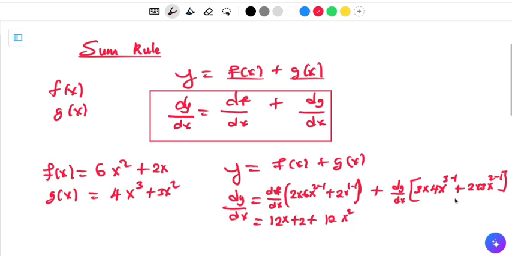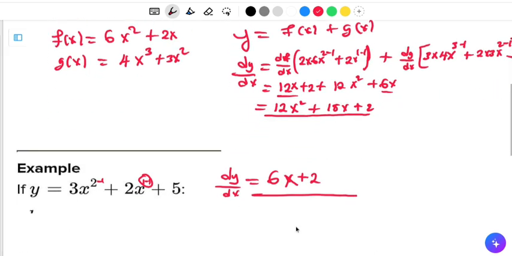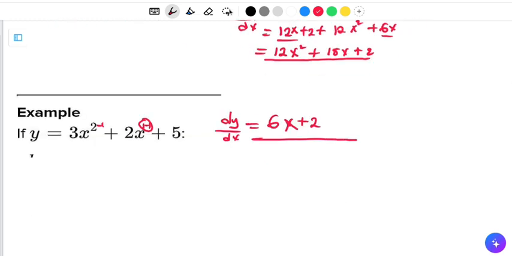Then on that part we have plus 6x. So you can see that these are like terms, so they can be added together. Let me start with the term of the highest power: 12x to the power 2, then plus this one plus that, that is 18x, then plus 2. So this is going to be our final answer. That is how you are supposed to use the sum rule.